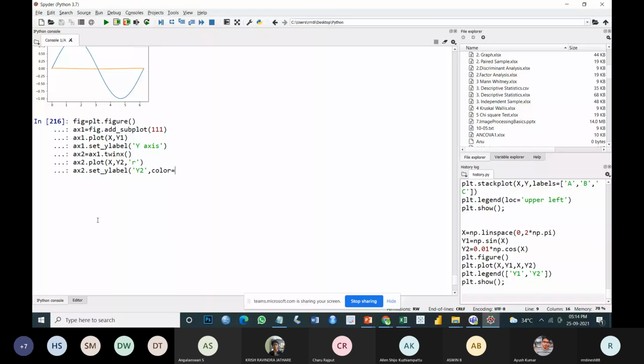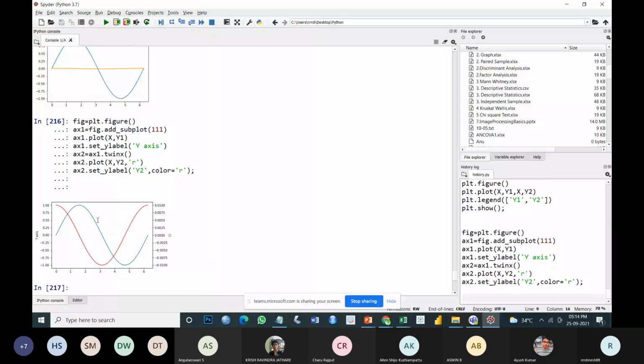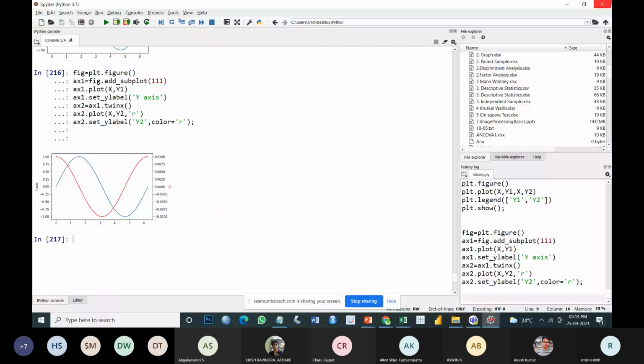So in this diagram, two y-axes share a common x-axis. We go for dual axis. twinx is a function name.